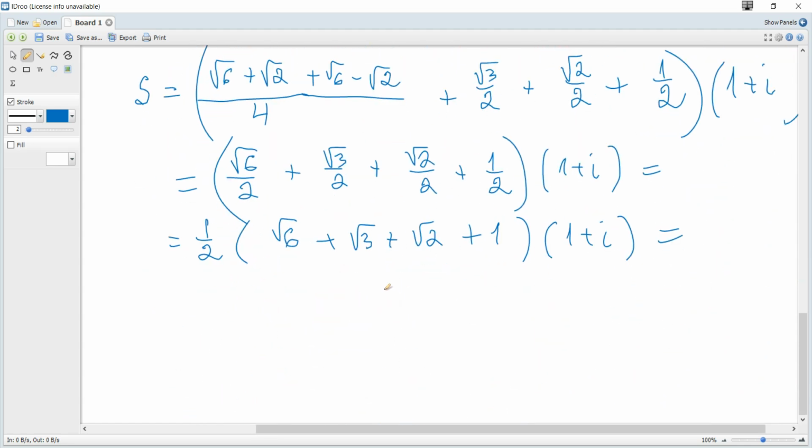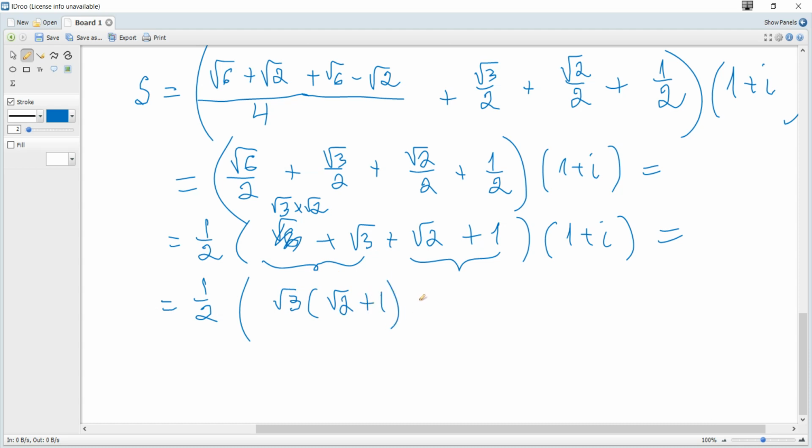Or how do we get it from the sum of 4 terms? Definitely we need to factor something out, and we can see that root 6 is root 3 times root 2, and we can combine: it becomes root 3 times root 2 plus 1, plus root 2 plus 1.